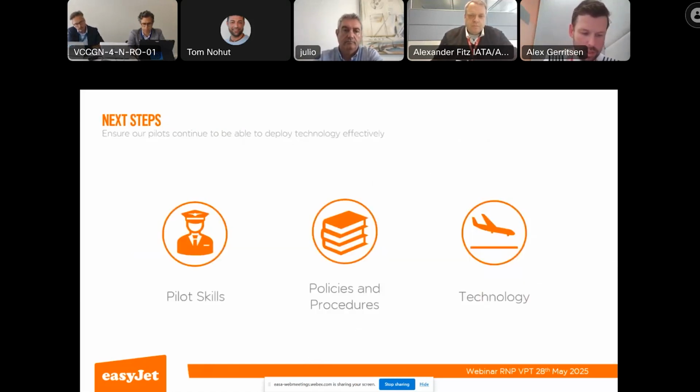Looking at the next steps for EasyJet, the pilot skills remain important. We want our pilots to be pilots and be able to fly the aircraft skillfully. What we're trying to balance is using the technology available on the aircraft for our crews at challenging airports where the safety data is telling us these concepts will benefit, implementing those there.